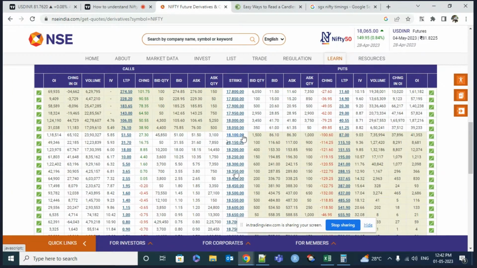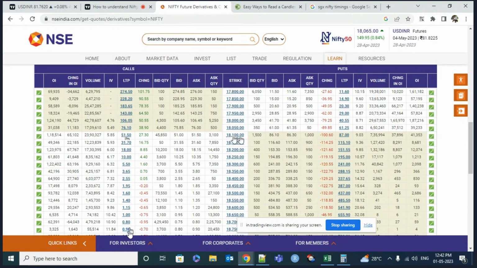Okay. So now say for example, I have an entry right now and my target is 250, where I am trying to catch like 150 points. Then at the money will be the ideal strike price to choose. As you go deeper out of the money, the premiums are very low.